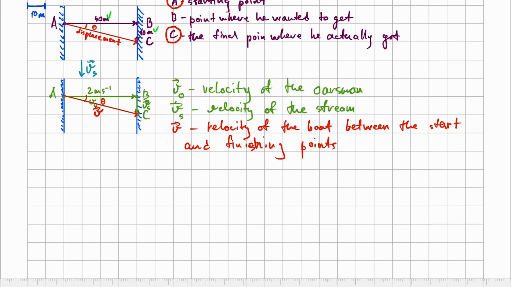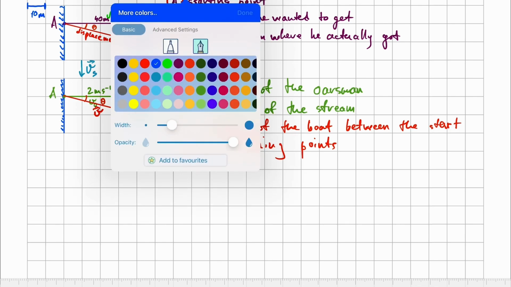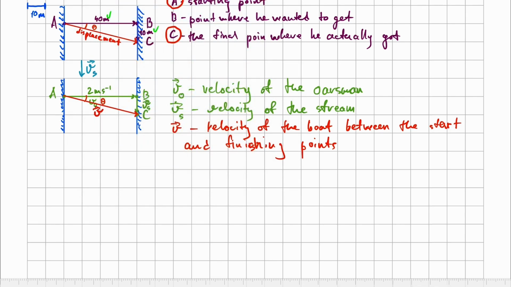What I understood is that we can use the trigonometric function tangent to solve this problem, but in order to do that correctly, we need to combine the data from the first diagram with displacement and the second diagram with velocity. So let's begin. We're given the angle theta, and I say that tangent of theta is equal to, and by definition tangent is the opposite side of the triangle to the adjacent.